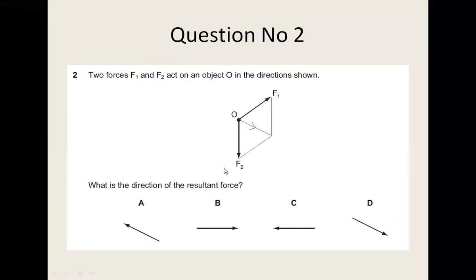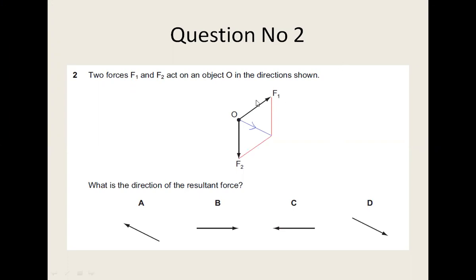So here we go. These two forces need to be added. Their tails are joined, and in the parallelogram law, the vectors to be added have to be put in such a way that their tails are joined with each other. Then we suppose that they are the adjacent sides of a parallelogram.